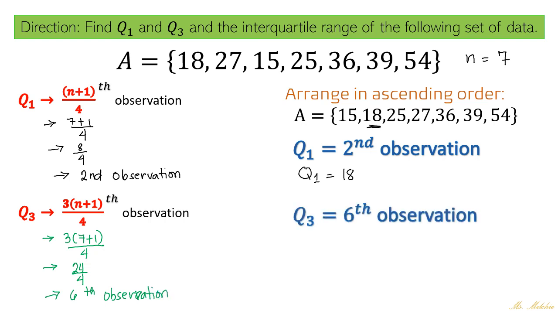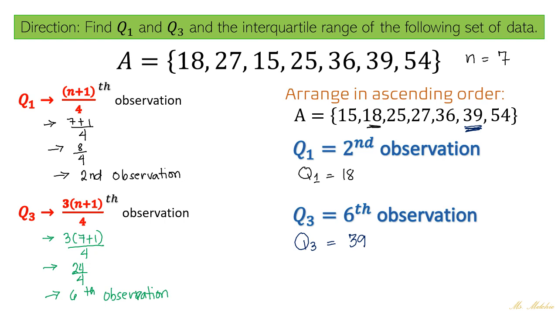Okay, so since we got 6th observation for our Q3, let's count again which value is our 6th in the rank. So 1, 2, 3, 4, 5, 6. So this one. So that means our 6th in the set of data arranged in ascending order is 39. Therefore, your Q3 is 39.